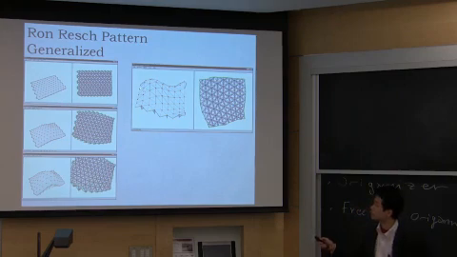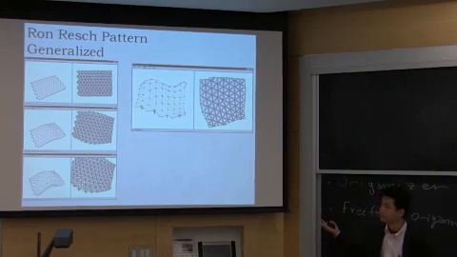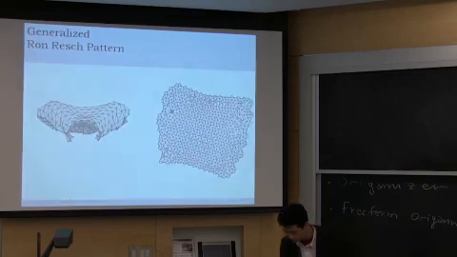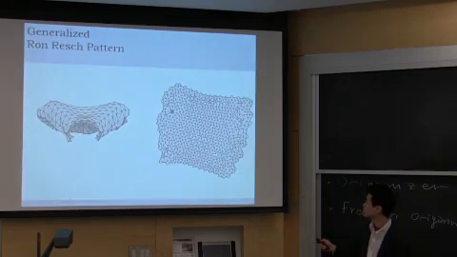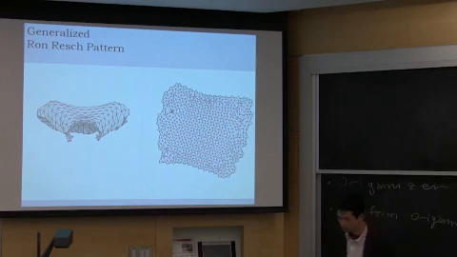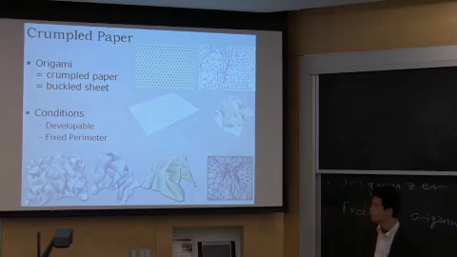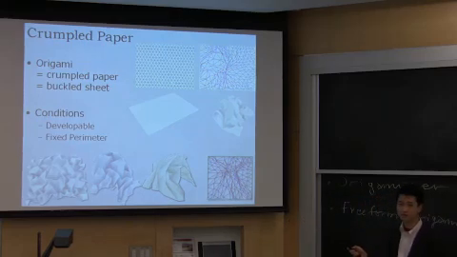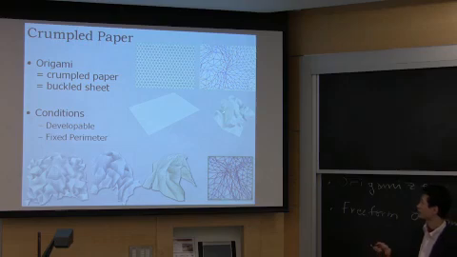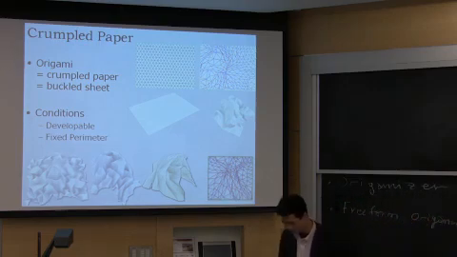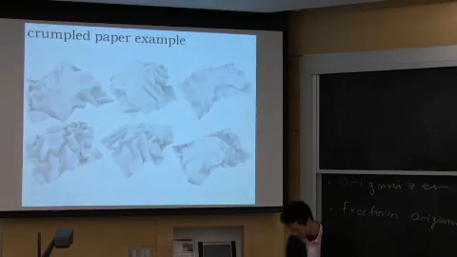So, for example, you can get this kind of asymmetric polyhedral surface with this generalized pattern, or this form with this pattern. Each triangle has a slightly different shape. Or you can just apply it to some regular triangular mesh and then get some nice crumpled paper like that.